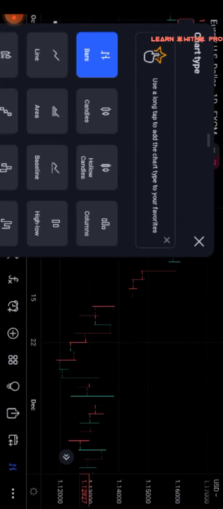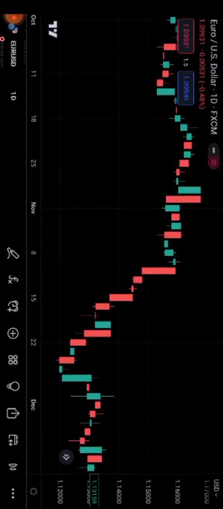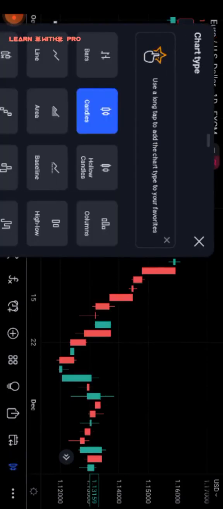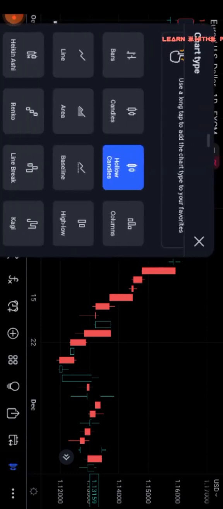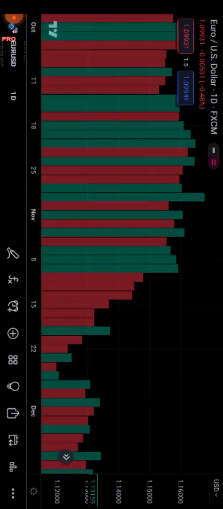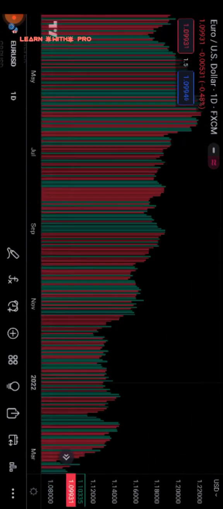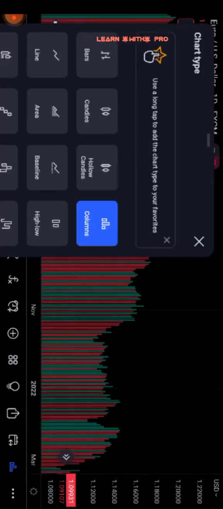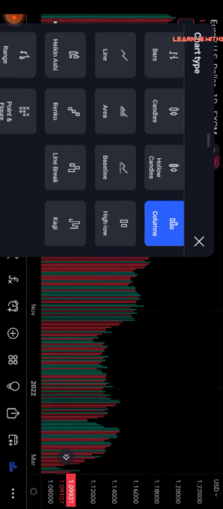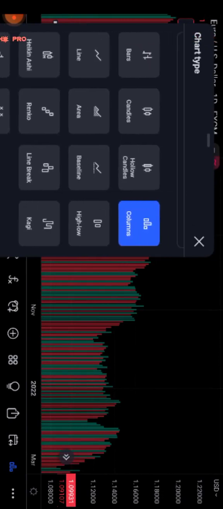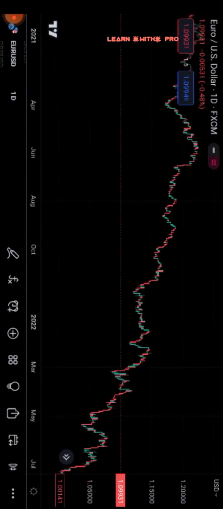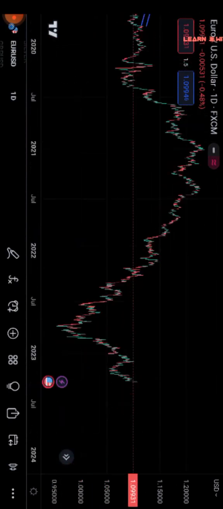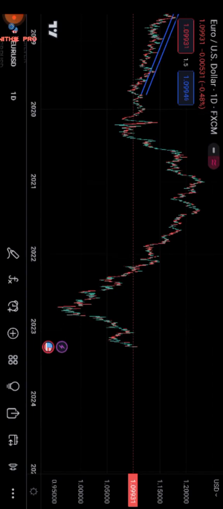When I put it in hollow candles, there are different forms. So you have different types of charts, but we're using candlestick for most of our class.